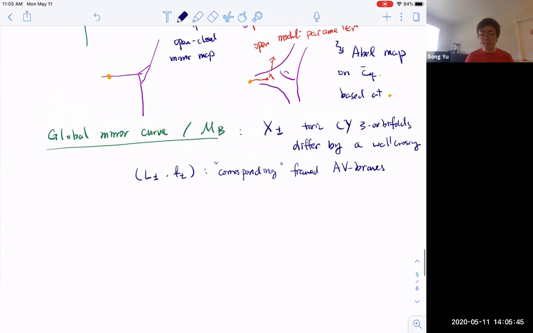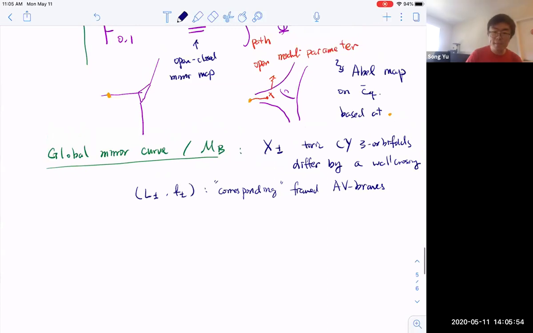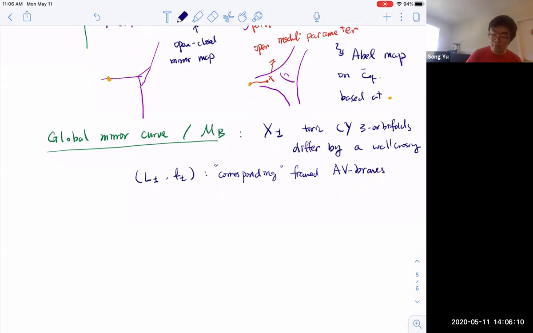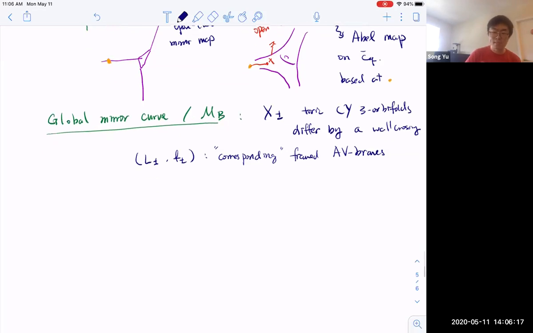This corresponding just means that, for example, if X plus is a partial resolution of X minus, then L plus should be in the preimage of L minus. But there are again more complications. Say the partial resolution can resolve singularities along L minus. So you have multiple components popping out, and you need to take into account those open Gromov-Witten invariants with boundary in the different components carefully. And I'm not going too much into that complication.